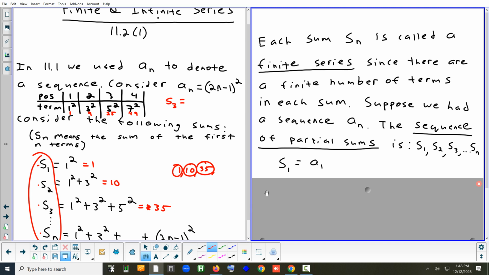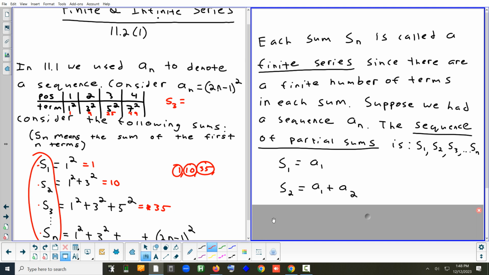Well, the first partial sum is just when you add up the first term. Whatever the first term is, that would be the first partial sum. The second partial sum is when you add up the first 2 terms. How about s sub 3? What do you think that would be? First 3 terms.